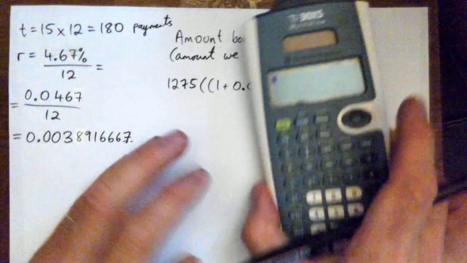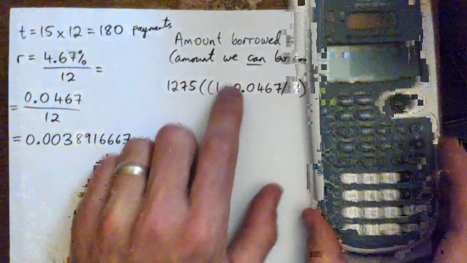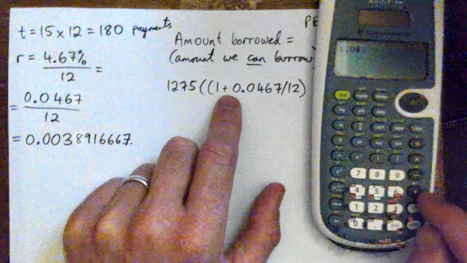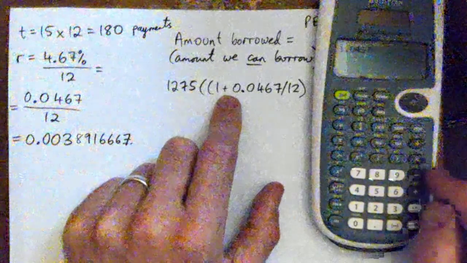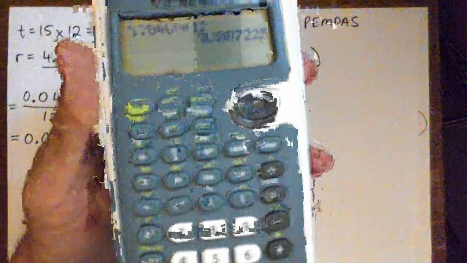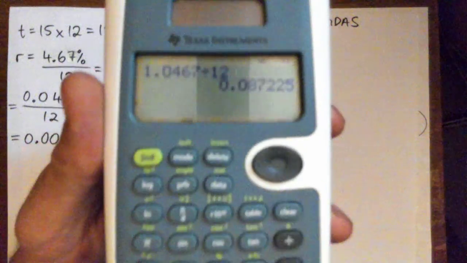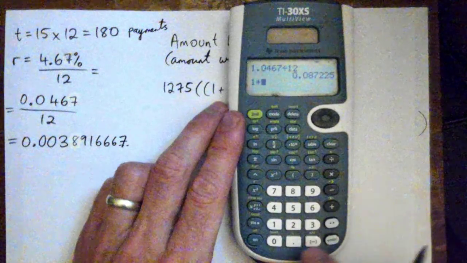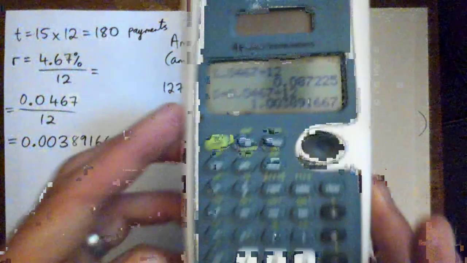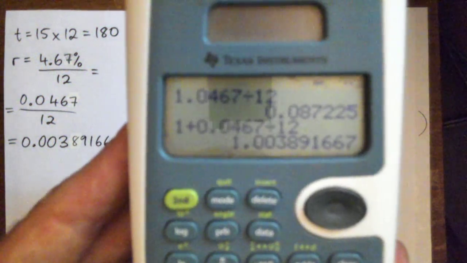What you cannot do is go 1.0467 divided by 12, because you'll get something like 0.08725. That's like 8.7%, which is totally wrong, because that's different than 1 plus 0.0467 over 12, which would be 1.00389.